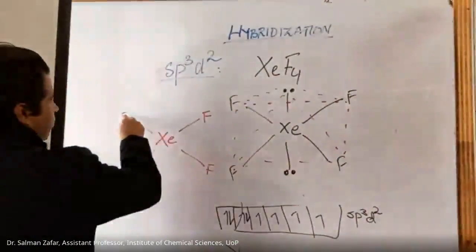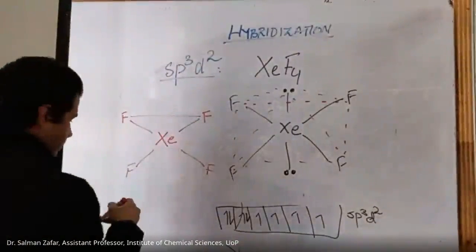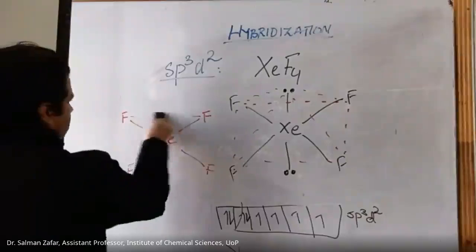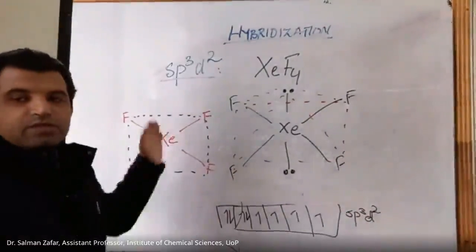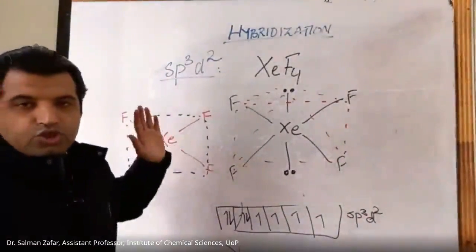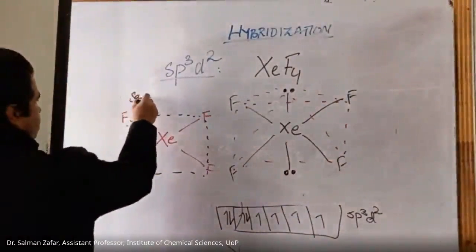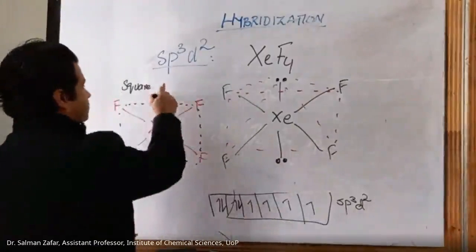So all of them are in the same plane. So they are planar and they form a square. So the geometry of the molecule is square planar.